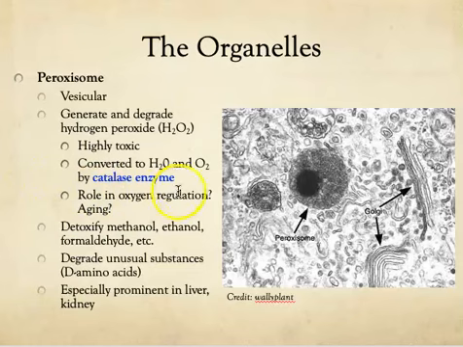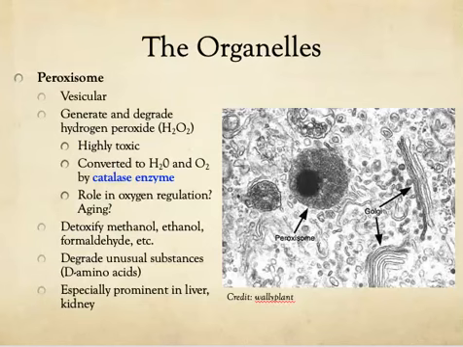Hydrogen peroxide can be converted to water and oxygen with a special enzyme called catalase. So, anytime a cell uses oxygen in its metabolic processes, there's a risk of that oxygen becoming hydrogen peroxide.